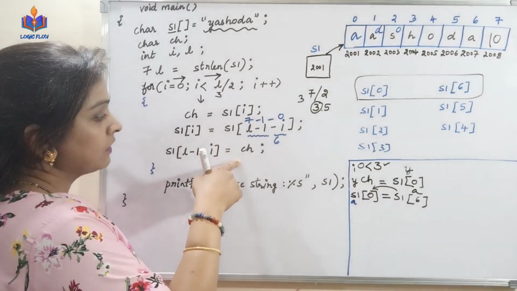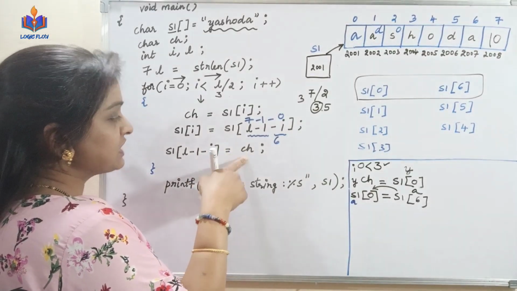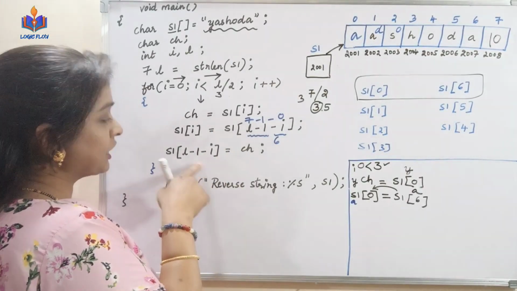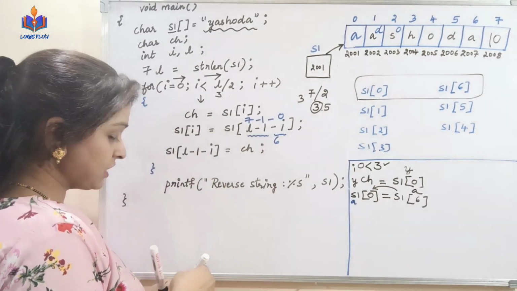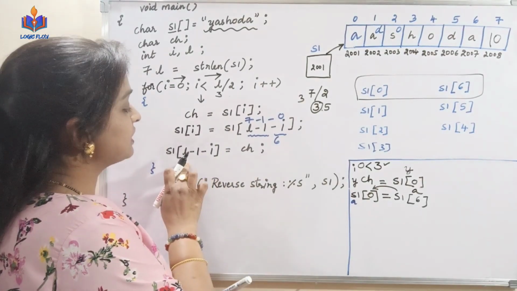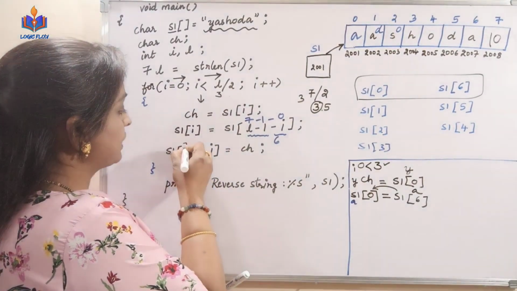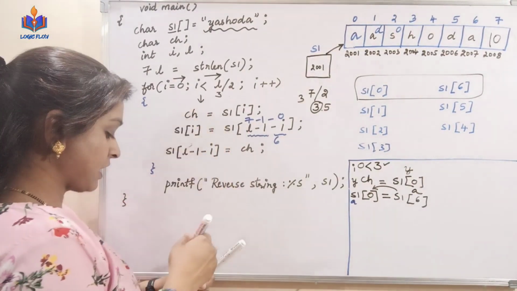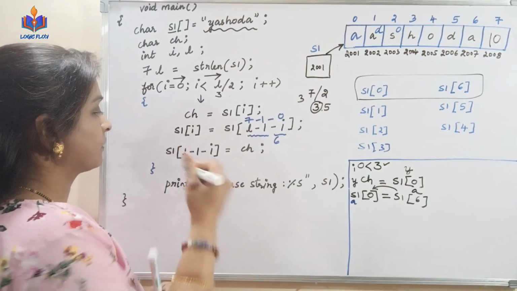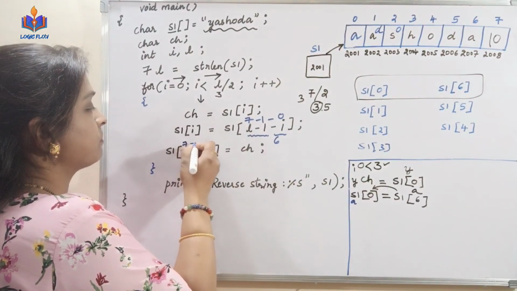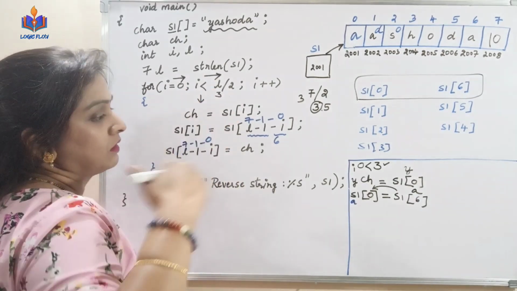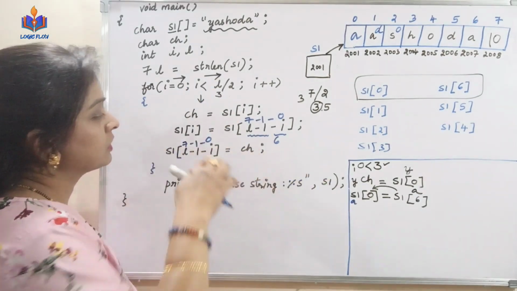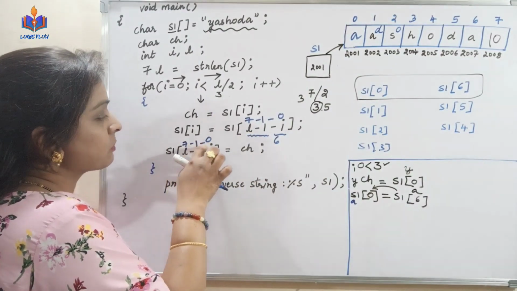Next, whatever I have in CH, that I need to store into S1 of length minus 1 minus I. So it is S1 of, length is 7, 7 minus 1 minus I. We are still in the first count, so I is 0. It is 6 minus 0, it is 6.